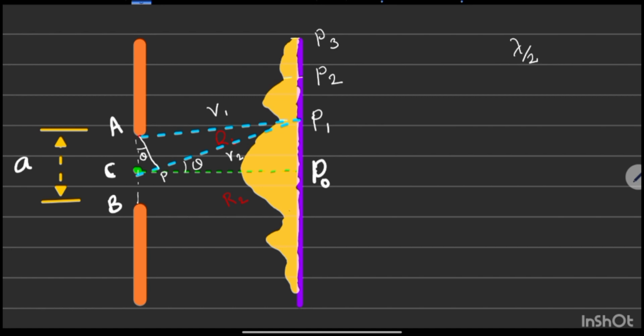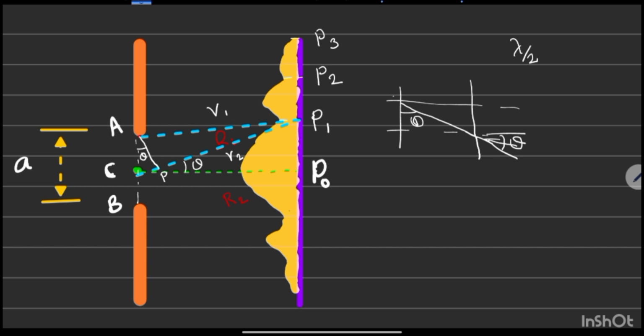We know when a line cuts two parallel lines, so if this angle is theta, this angle also must be theta, since these two are corresponding angles.